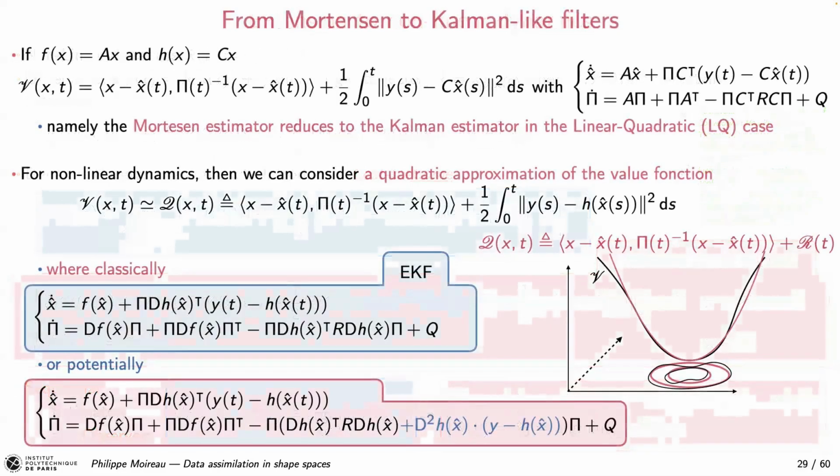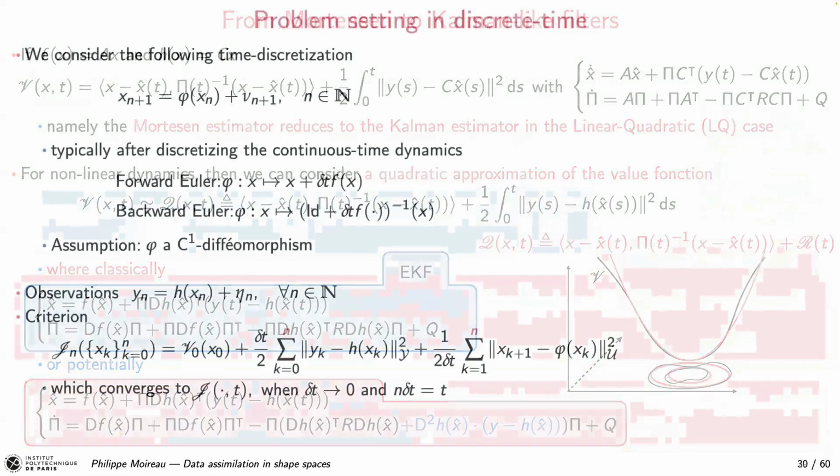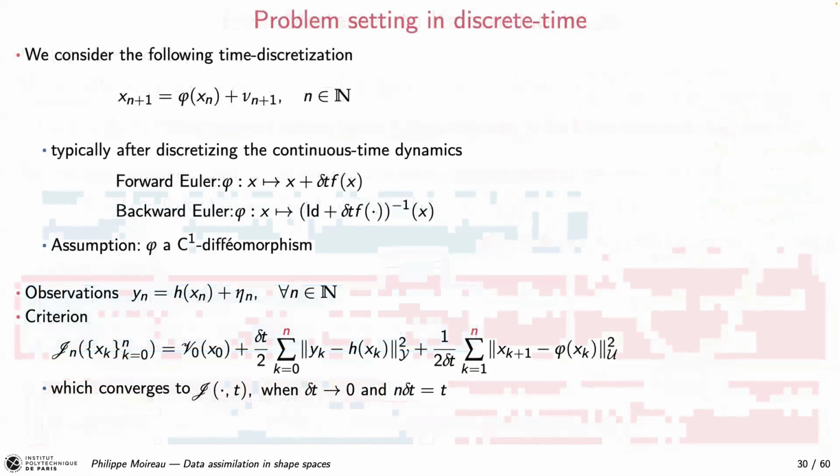But then numerically, it works pretty well. But that's not an answer for sure. Okay, should we do that on a discrete level? The answer is yes, and you do exactly the same. First, you discretize your dynamics. You take the discretization that you want.